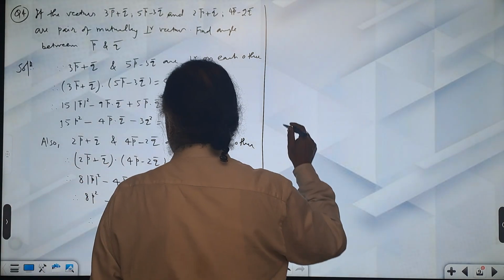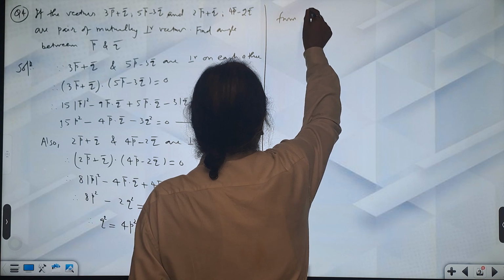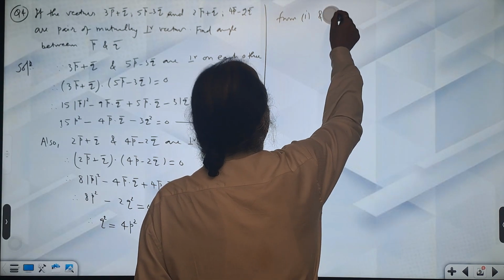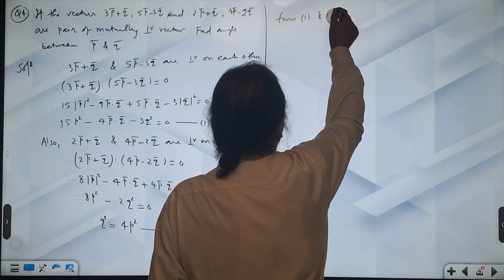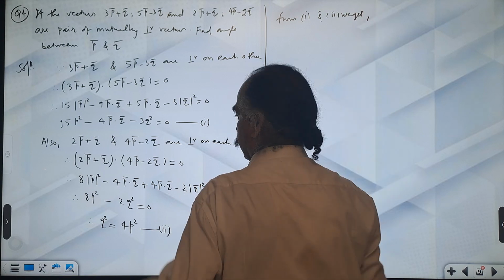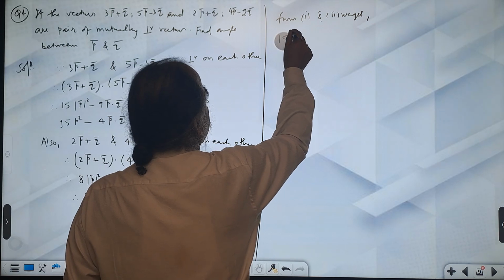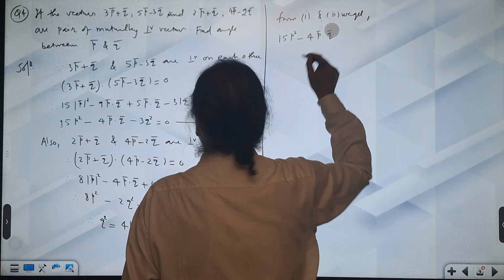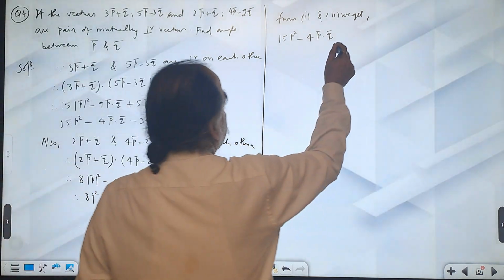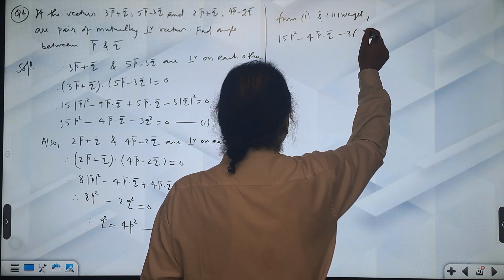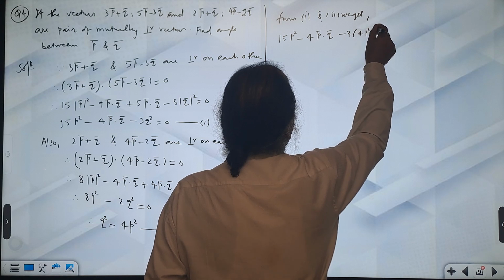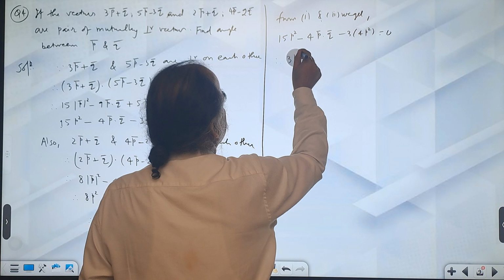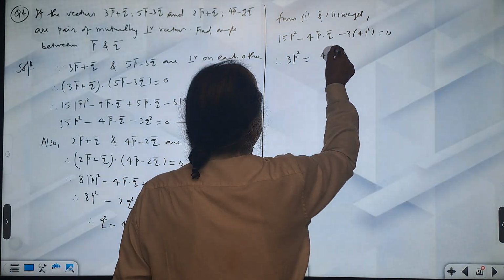From 1 and 2 we get 15p square minus 4p.q minus 3 into 4p square is equal to 0. 15 minus 12, 3p square is equal to 4p.q.